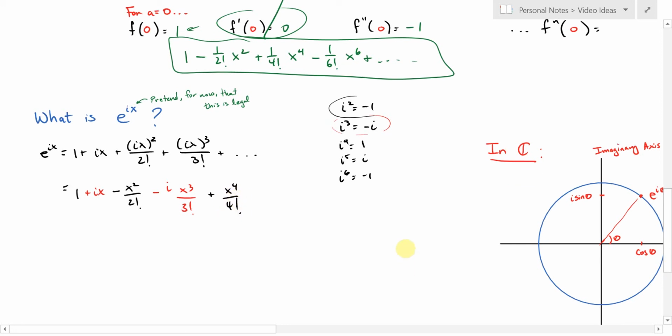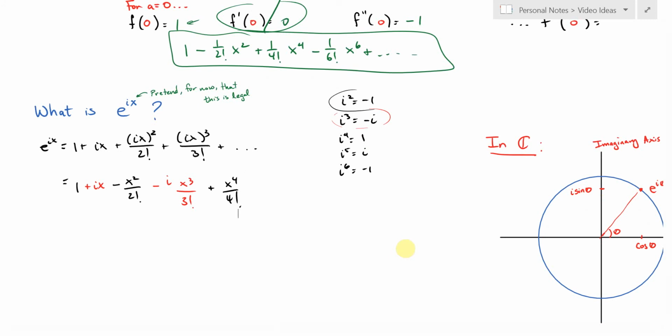Now there's a reason I've been alternating these colors here, because if you pay attention to the black only, we're just going to rearrange the sum a little bit here, and we'll pretend that that's perfectly legal too. It's 1 minus x squared over 2 factorial plus x to the 4th over 4 factorial, and it's clear all the even terms will have no i, they'll be in black, so it'll be minus x to the 6th and so on and so forth.